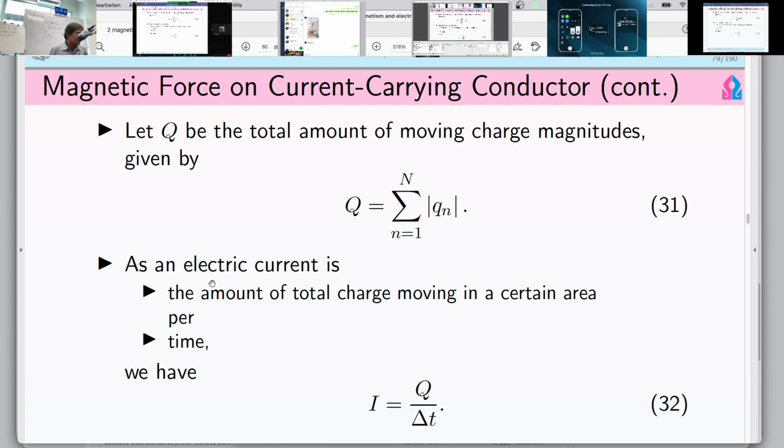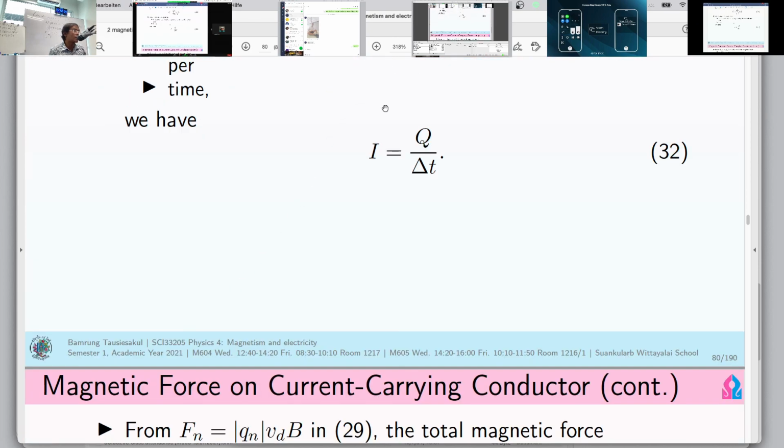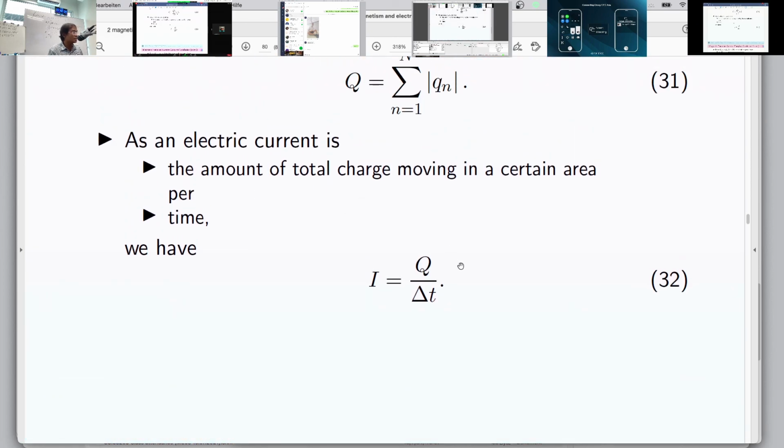And after that, an electric current. An electric current is from Ampere, right? Ampere said the current is the amount of charge movement per time.